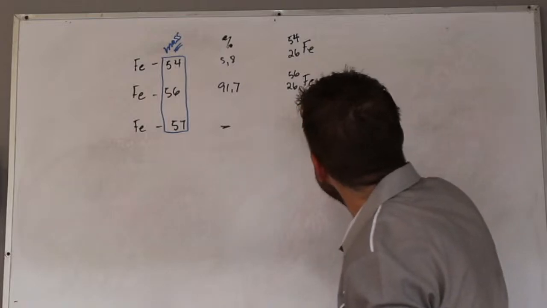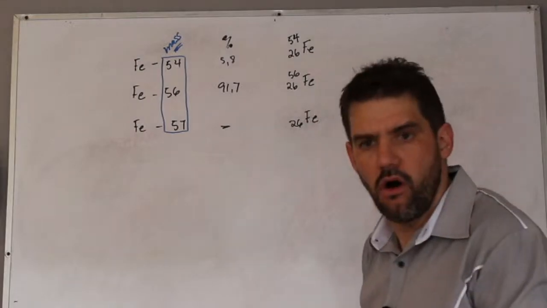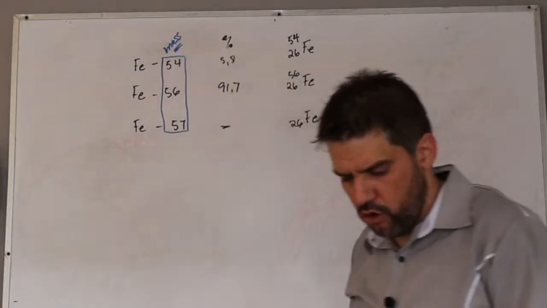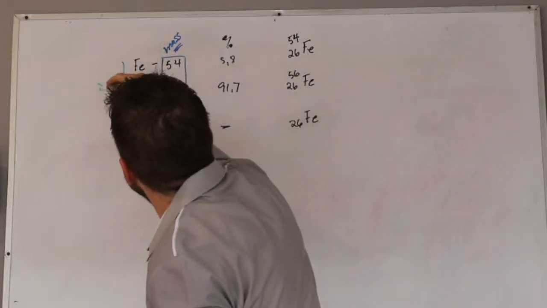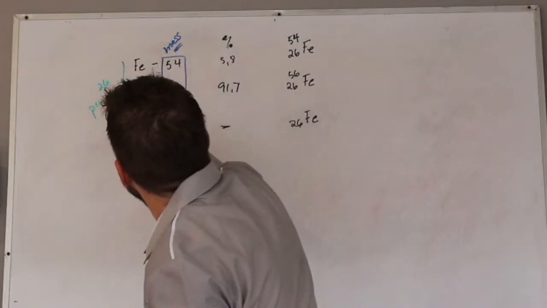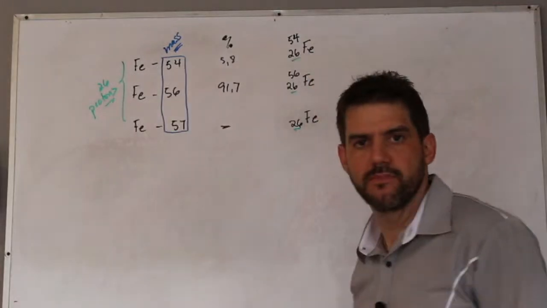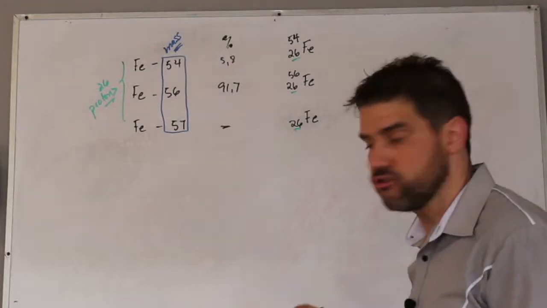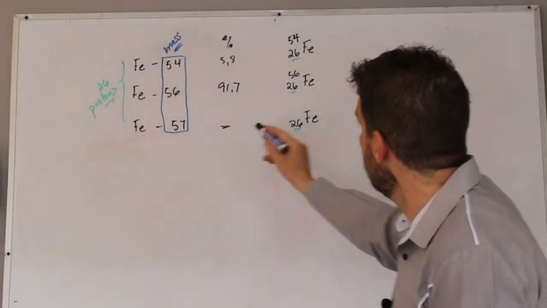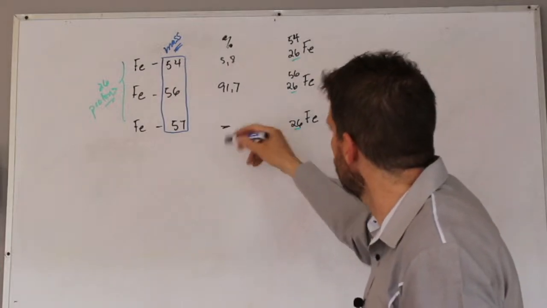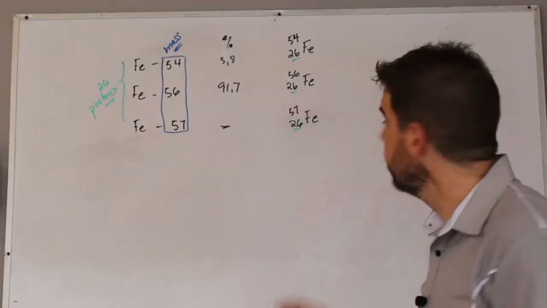And the last one is Fe, 26 at the bottom, because all of them are iron, so all of them will have 26 protons, which is the number at the bottom here. So they are isotopes. They have the same number of protons. We're going to the definition just now. Here, we don't have the percentage of this one, we'll need it. This one is 57 here. These are isotopes.